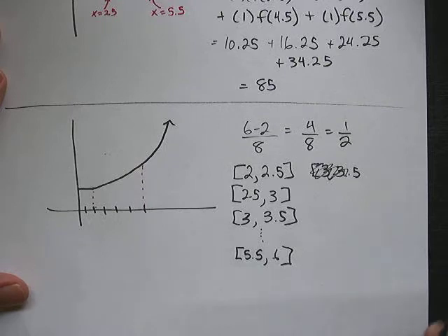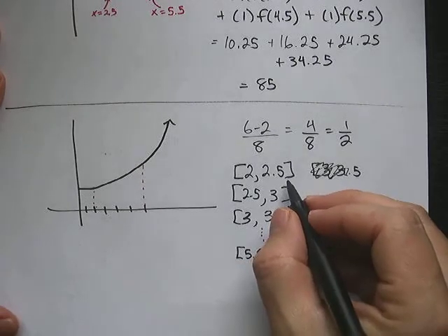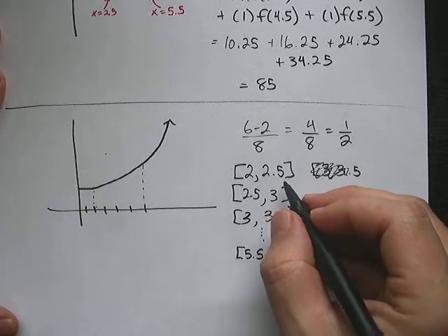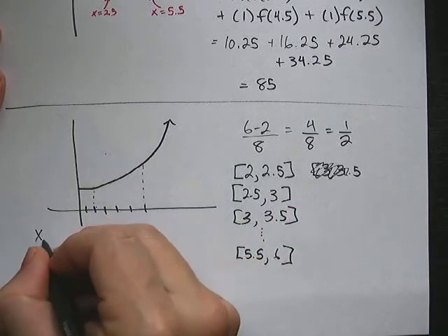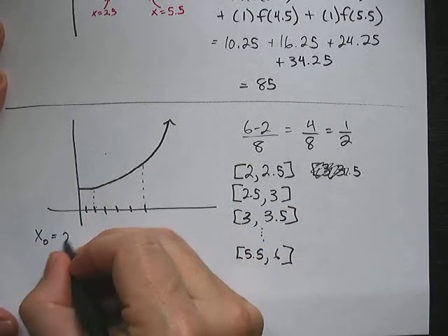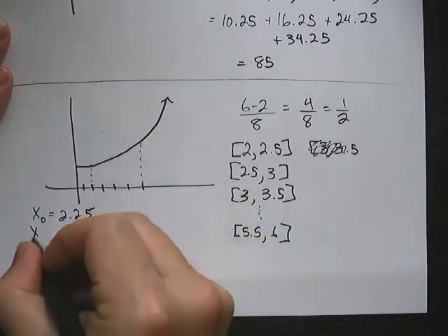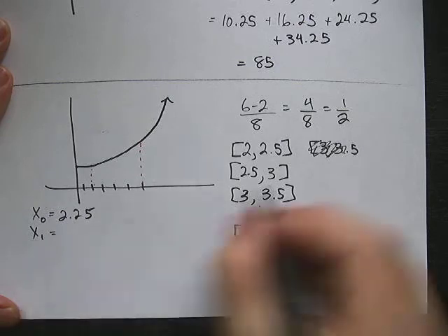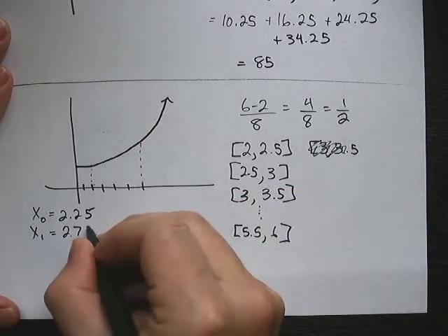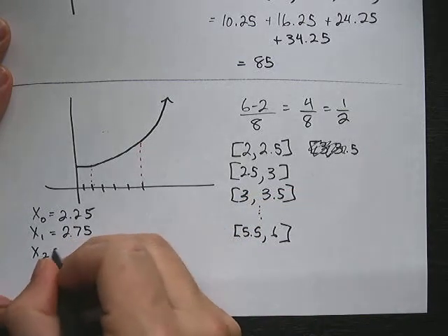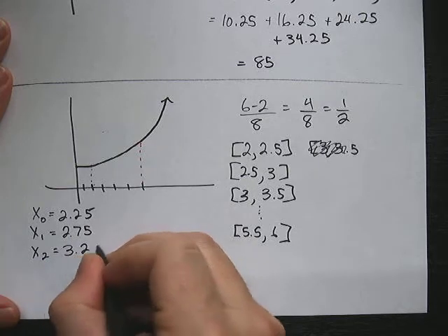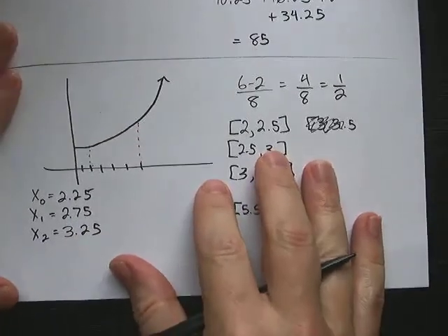Okay, so the values that we're going to be using for the midpoint are, let's say, x sub 0 is equal to 2.25. That's the middle of 2 and 2.5. X sub 1 is equal to the middle of these two, which is 2.75. X sub 2 is going to be 3.25. That's the middle of these two. And you can see the pattern now.